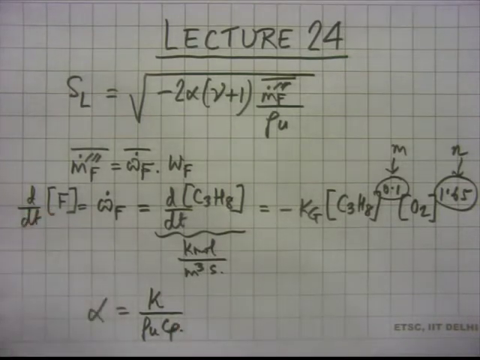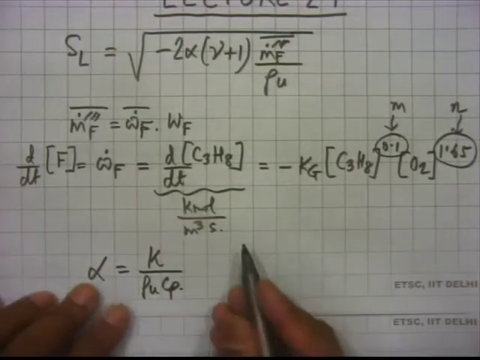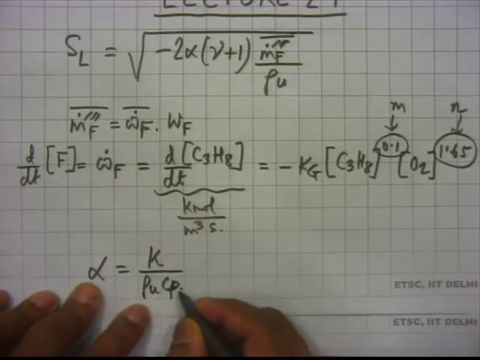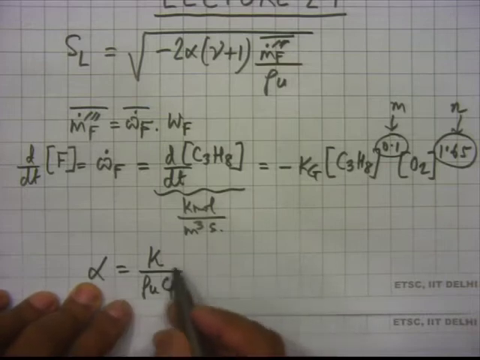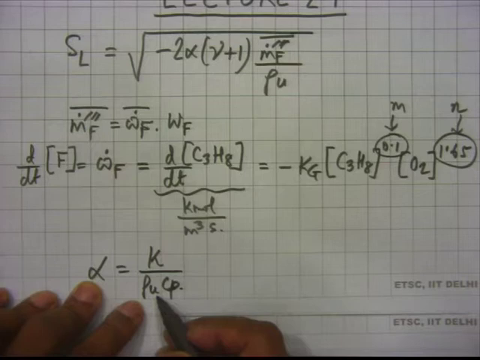So, in the example, k and Cp are at the mean temperature of product, while the rho u is at 298. So, why is it so? Yeah, so this is a little bit of a problem in the sense that it's hard to appreciate why it is like this, because the question here is that k and Cp are evaluated at some temperatures, but rho u is evaluated at the unburnt temperature T_u.